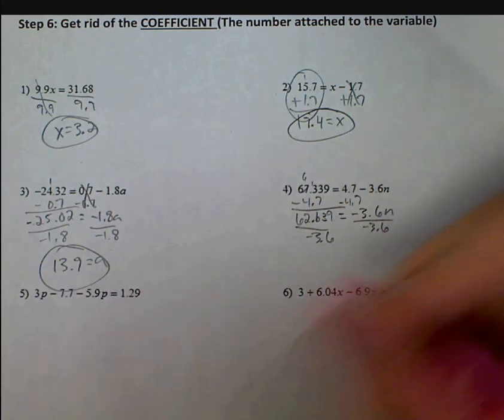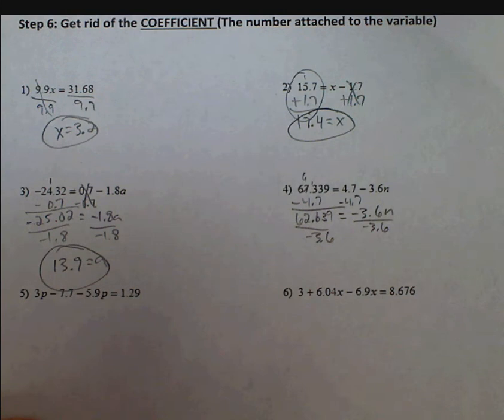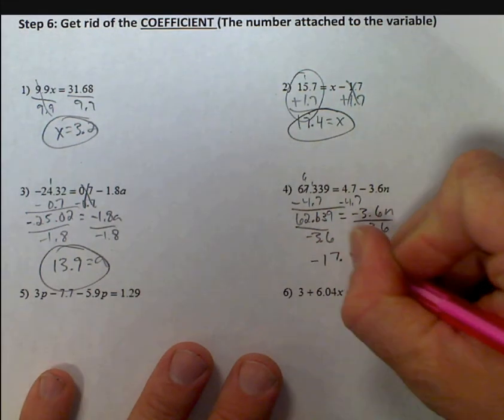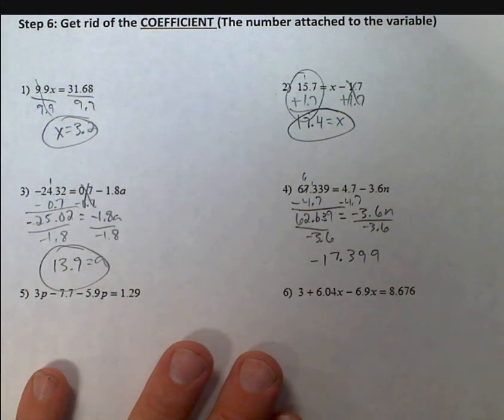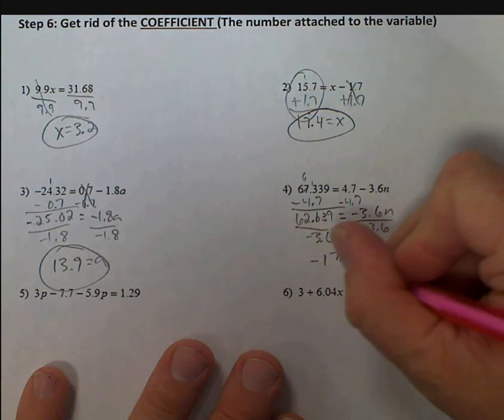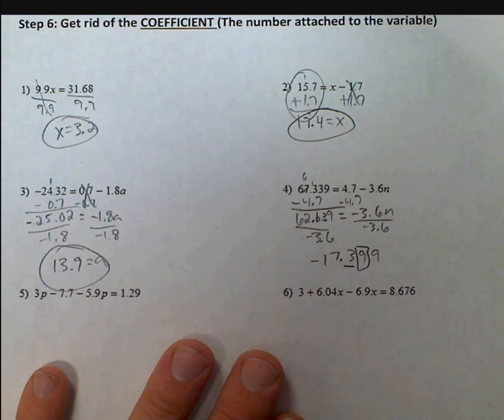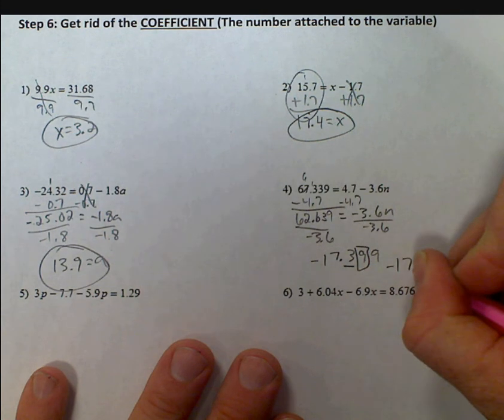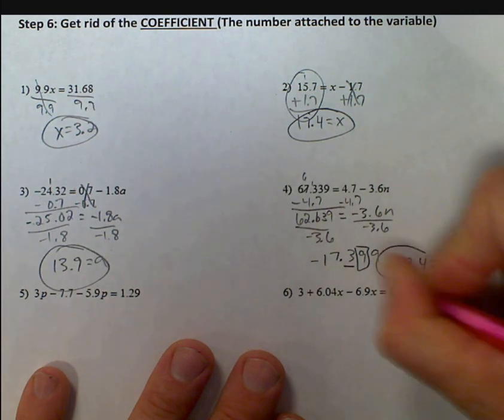I know my answer is going to be negative. 62.639 divided by 3.6. I get negative 17.399, and it continues. Let's go ahead and round to the nearest tenth. The 9 makes the 3 become a 4. So negative 17.4 equals n. We just rounded.